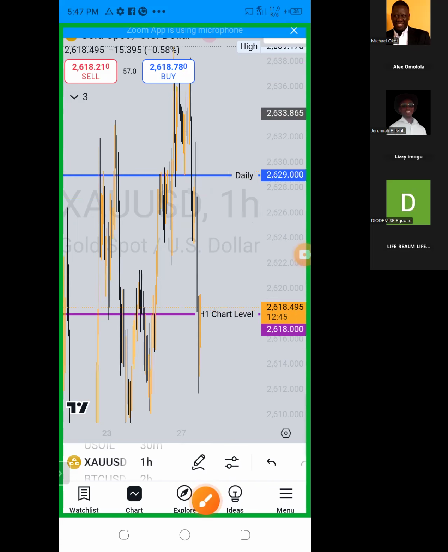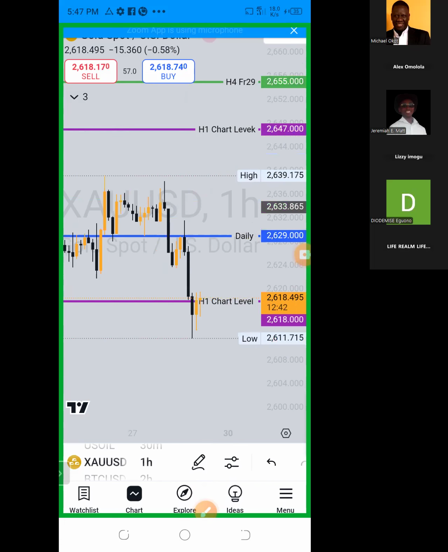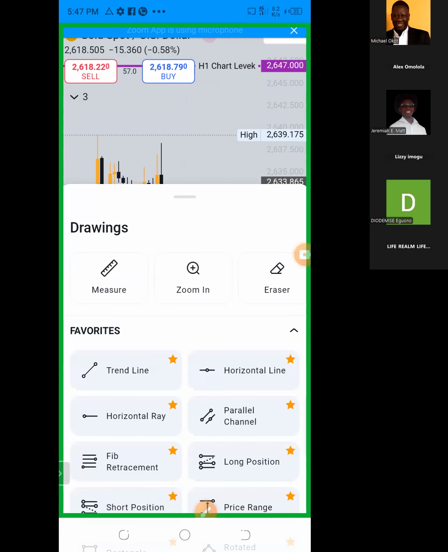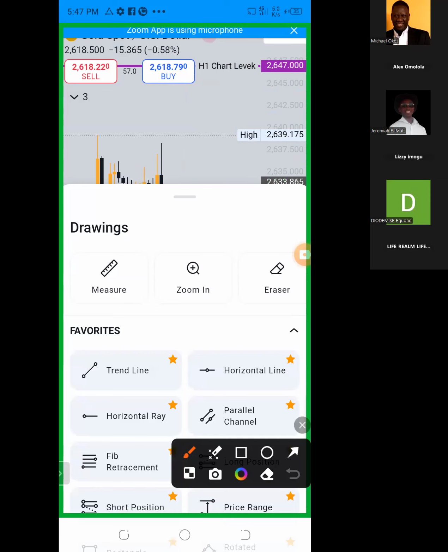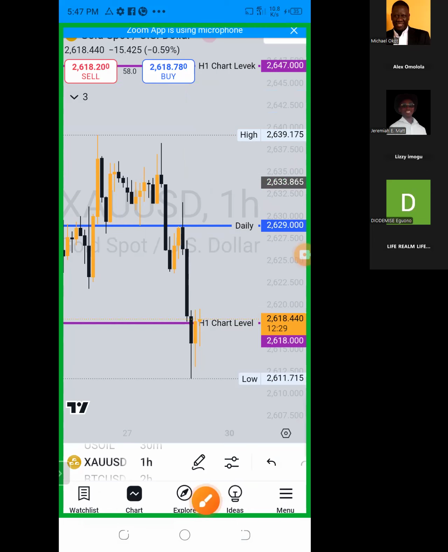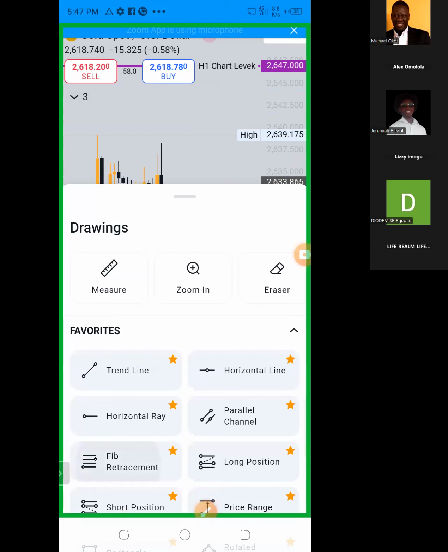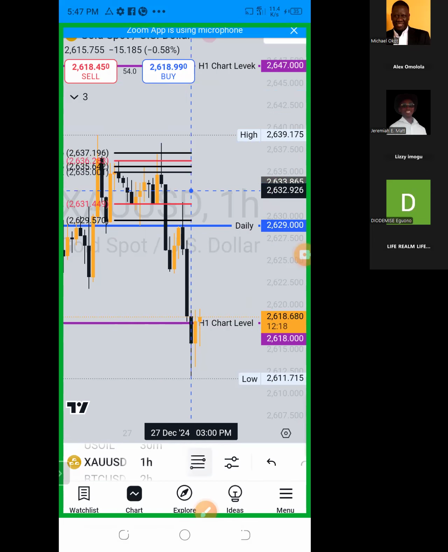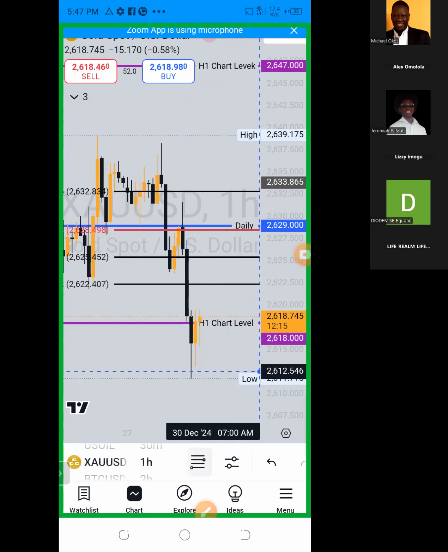So you measure from here with Fibonacci. We're not going deep into it today, but that's where I'm going to stop. This is the Fibonacci tool. I'm going to measure this movement. So I click on the Fibonacci retracement, then I point it at the last high and drag it down to this last low.